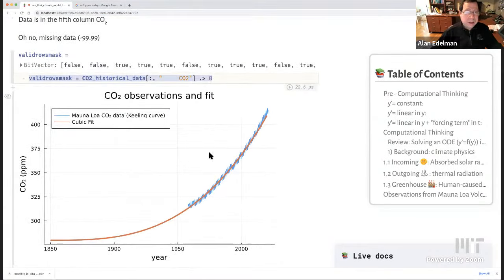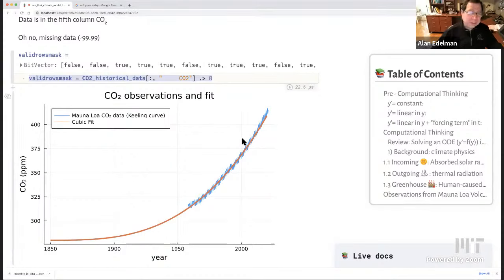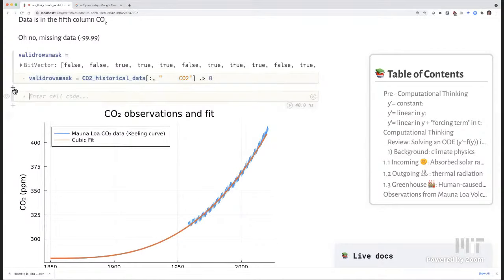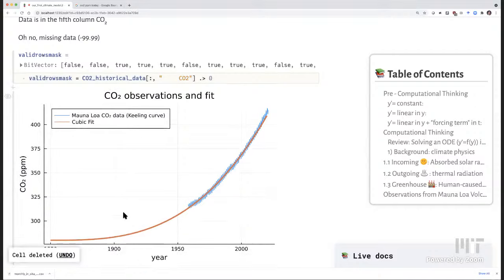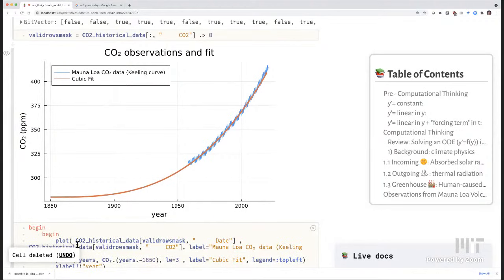It might just be worth saying exactly what's going on here. So you can see that this mask is telling you, for each row in the data, whether that condition is satisfied or not. That's giving you a vector, a special type called a bit vector, but it's basically just a vector of trues and falses.